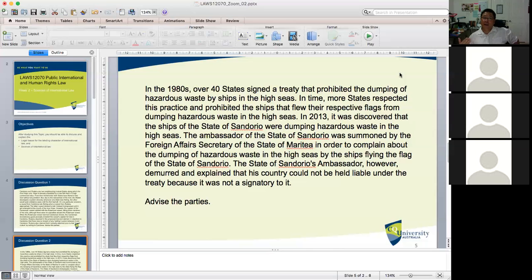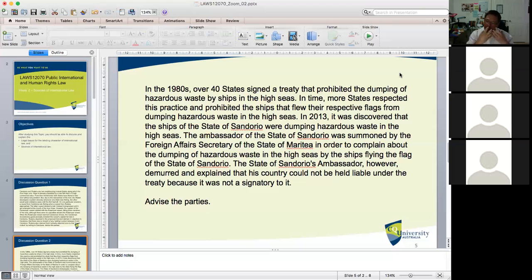Because if you speak of being bound by international law on the basis of a treaty or international convention, it has to be based on consent. So that's the problem, okay? So there is a reason why you need to identify the legal issue correctly, because the identification of the proper legal issue actually enables you to determine what rules are relevant, what rules need to be cited in order to answer or address the legal issue.